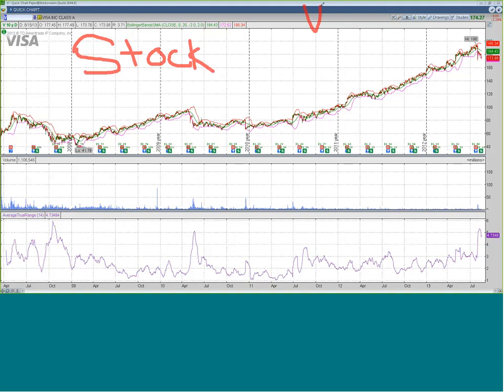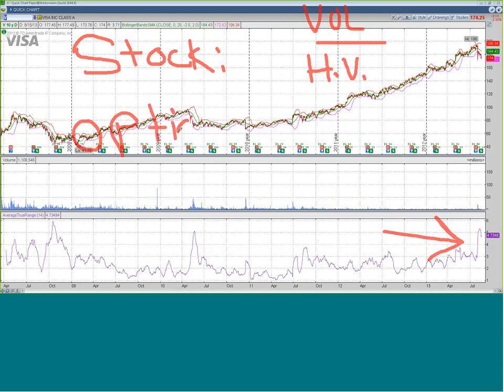When we talk about volatility, there are two kinds. You have a stock price and you have historical volatility. That's the Bollinger Bands, that's the ATR, and that is high. When you talk about the options, we measure a different type of volatility. It's called implied volatility. We look at the price of the options, the bid and the offer.